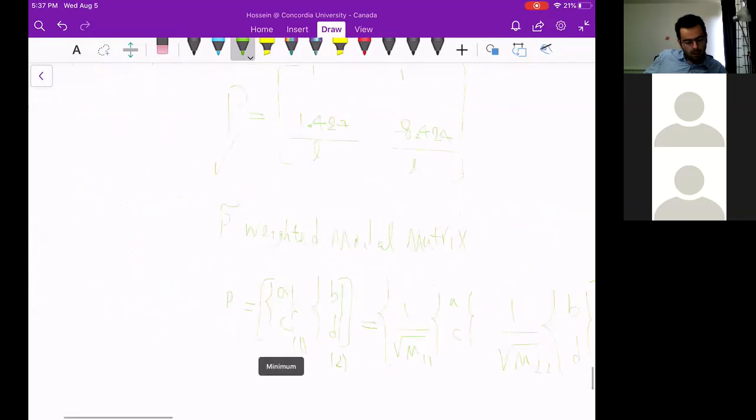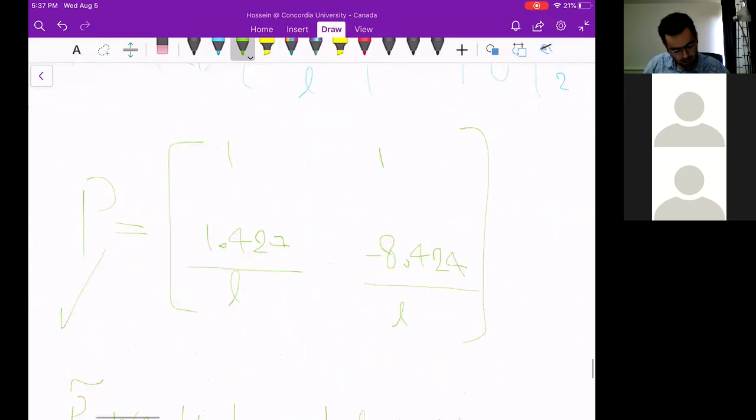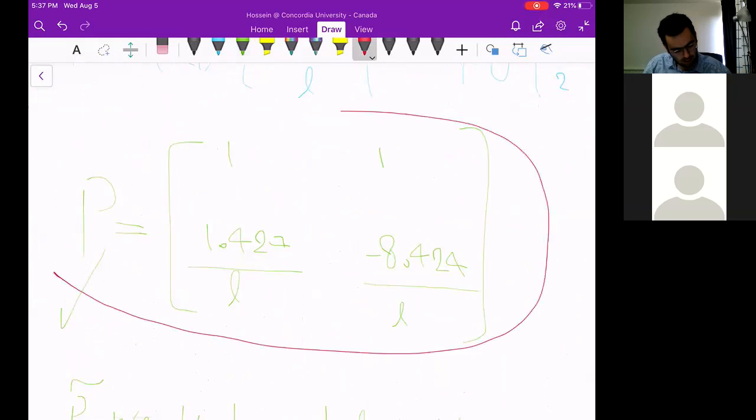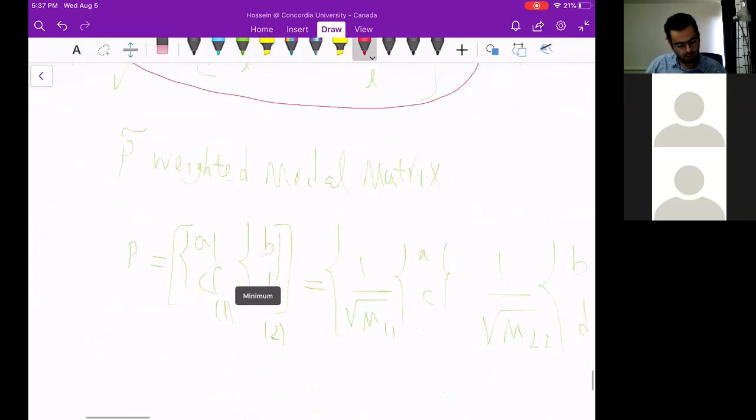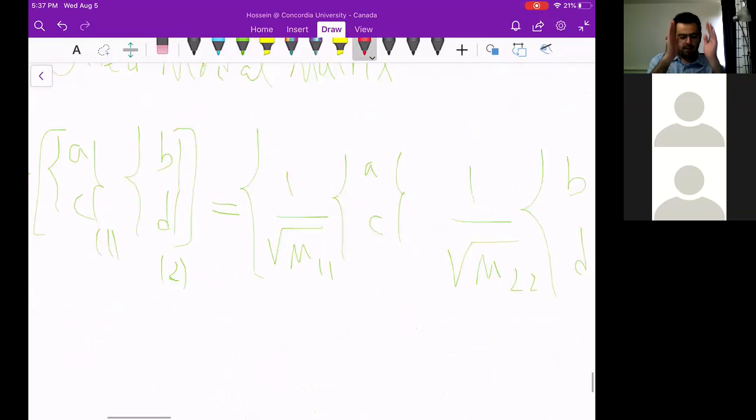So we know how to find the modal matrix P. We are done with P. But in order to find the weighted modal matrix P hat, we have to divide the first column, which is the first mode shape, by the square root of the diagonalized mass M11.